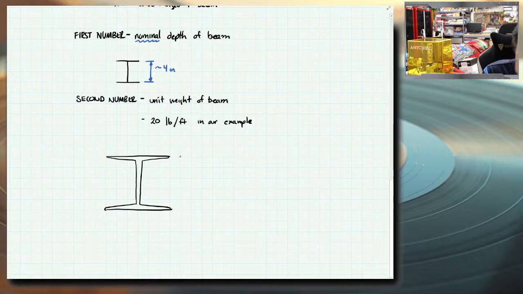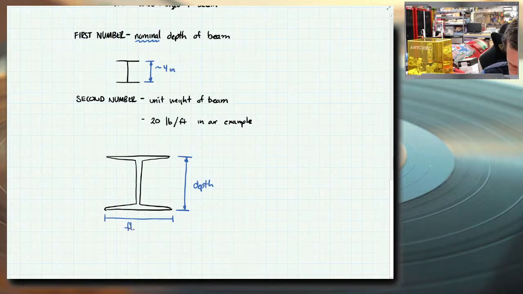So again, we have the depth. We have flange width is this one. We have flange thickness, and I've drawn it really tapered, so obviously this one is not the same thickness everywhere.